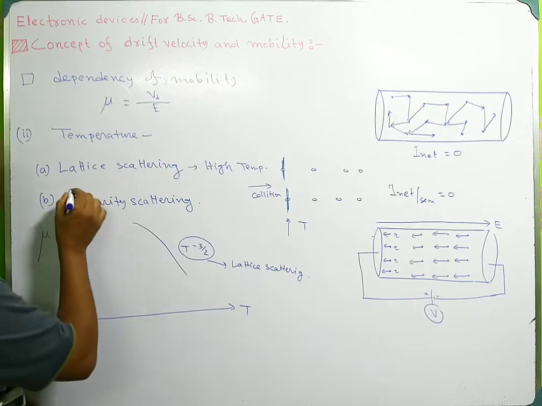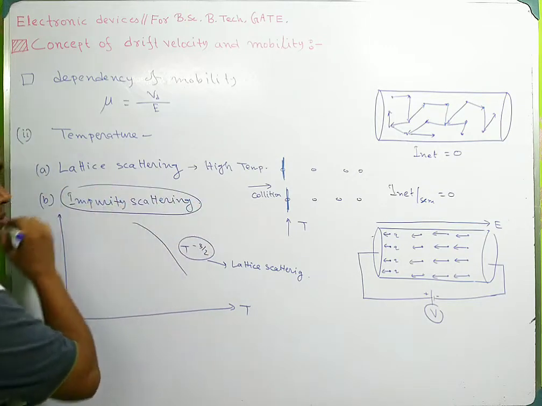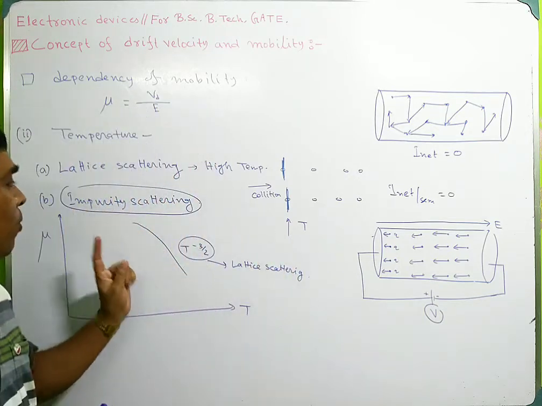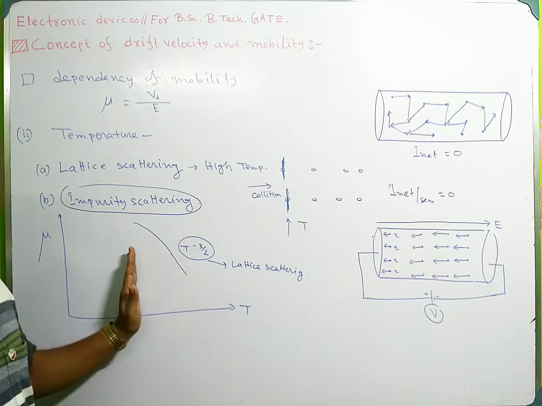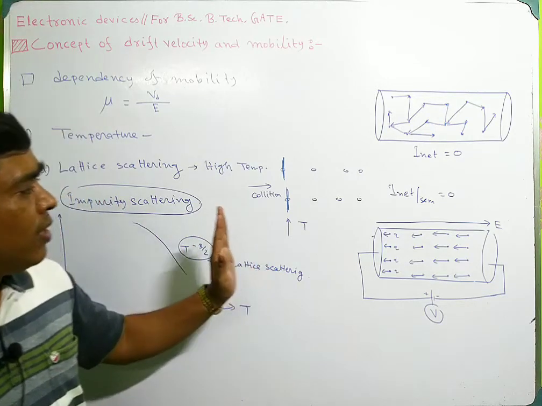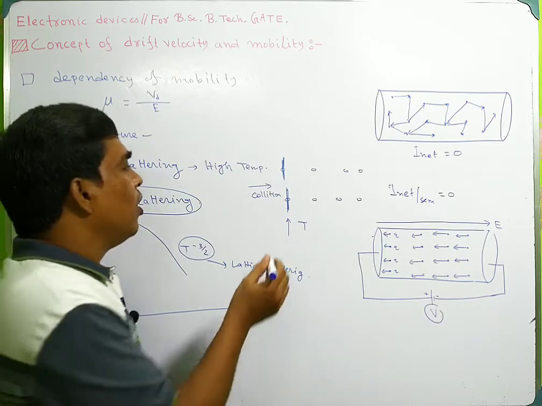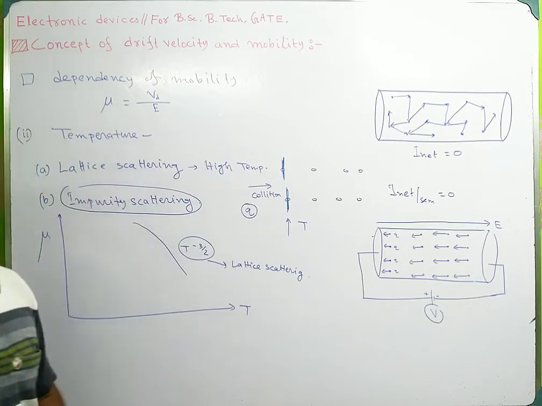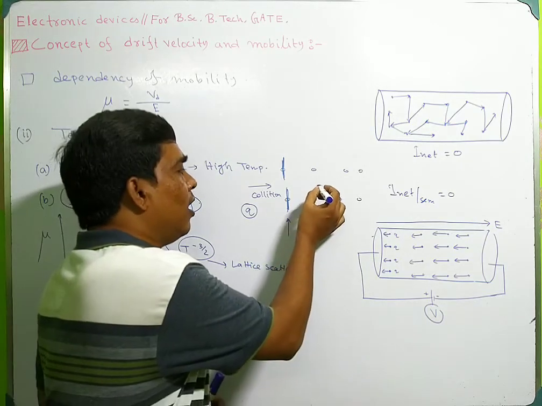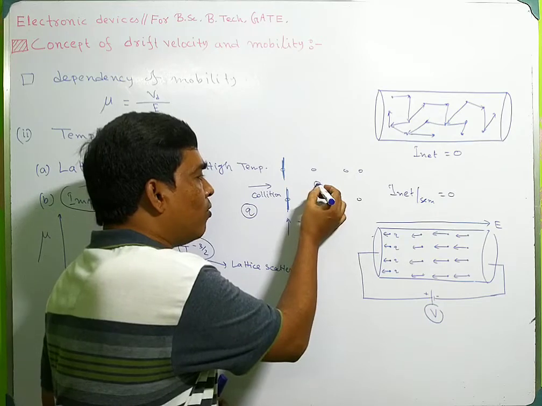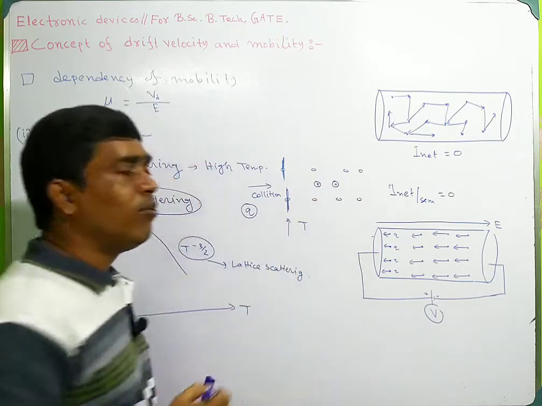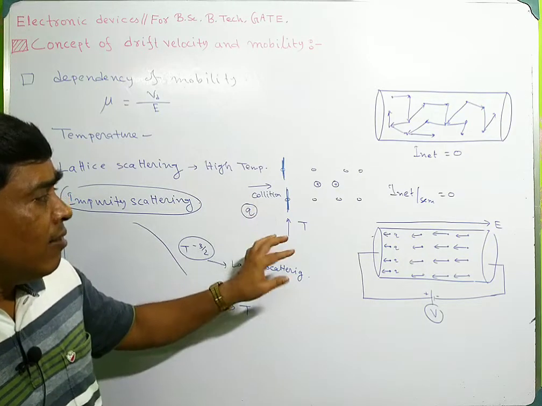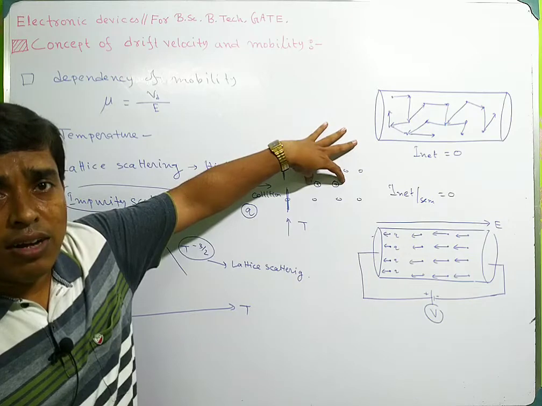What is impurity scattering? Impurity scattering happens when the temperature is low. Temperature is low, that means the momentum of the charge carrier is less than the interaction with the ions.